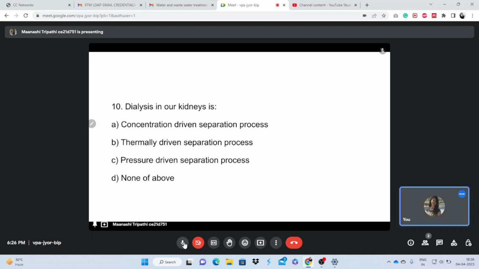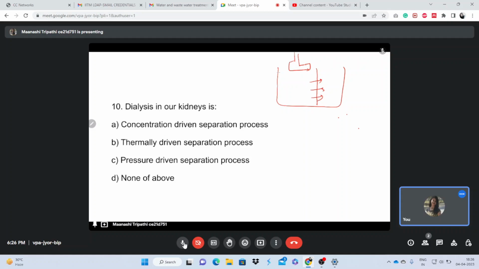There are many ways by which it allows separation. If we put a membrane and apply some pressure on this side, the water will start flowing like this.